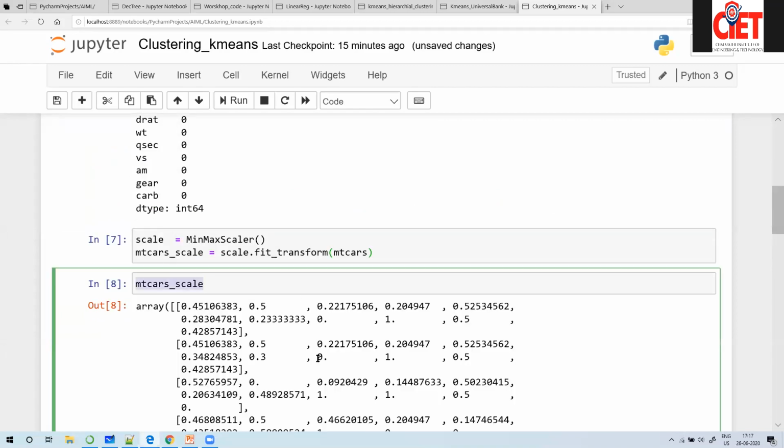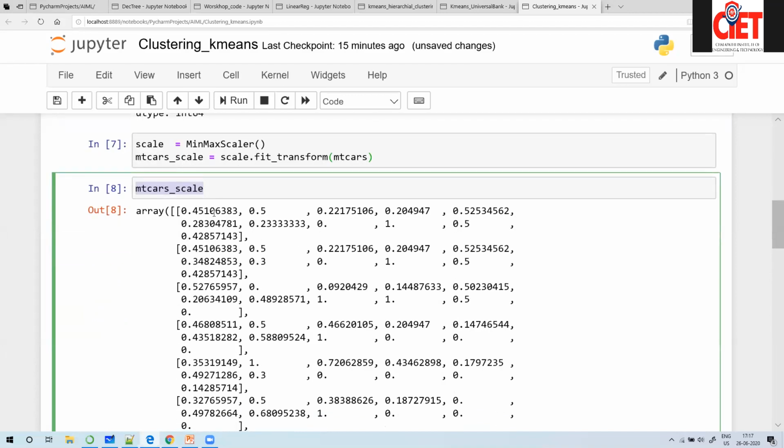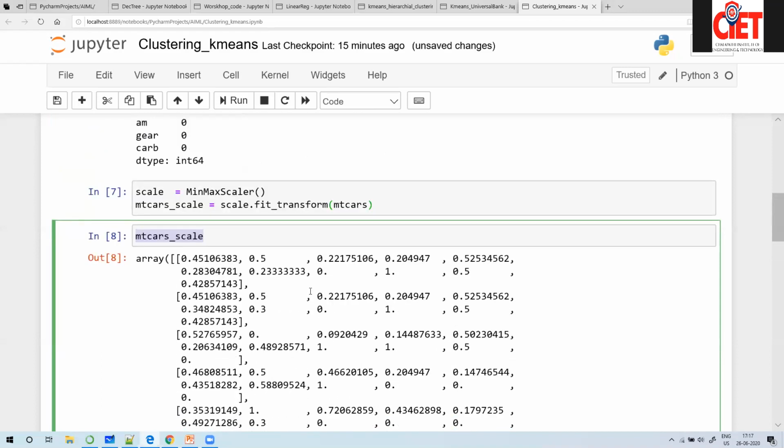Okay, we have got scaled data, but unfortunately the scaled data is in the form of an array, not in the form of a data frame.